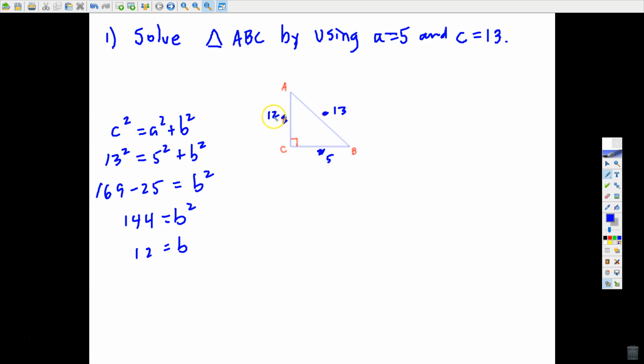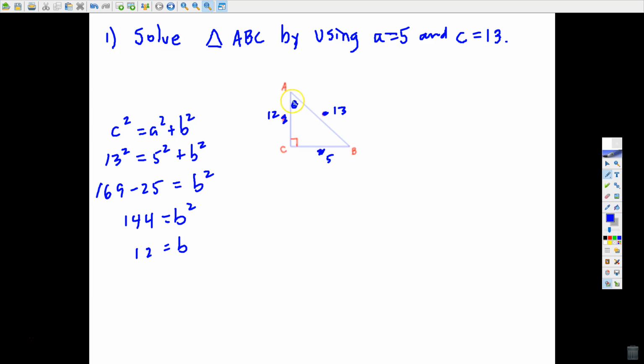Okay, so we got one of our missing parts discovered, and now let's work on these angles, either A or B to begin with, really doesn't matter. So let's just imagine that we wanted to find angle A. Maybe I'll just put a little theta here. Again, I'm trying to find the missing angle A, and since we've got all non-decimal numbers representing the sides, it really doesn't matter which way you go.